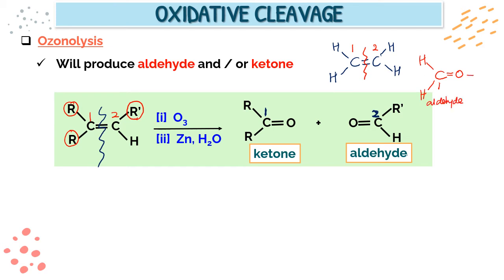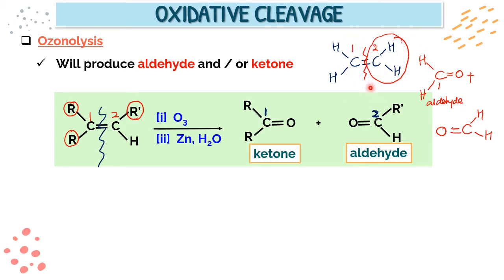And then what happened to the second one over here? It will be the same thing, carbon, H and H. And then at the point where the bond breaks, you put a double bond O. So you will also get an aldehyde over here. In fact, you get the same aldehyde. So for this one, this is your ethene.